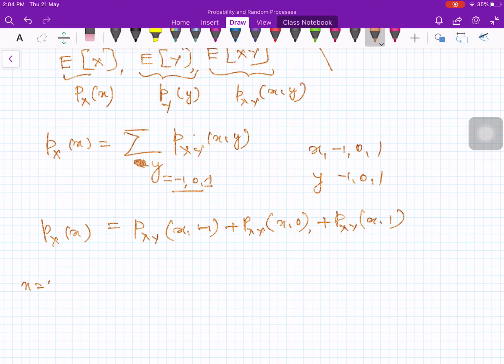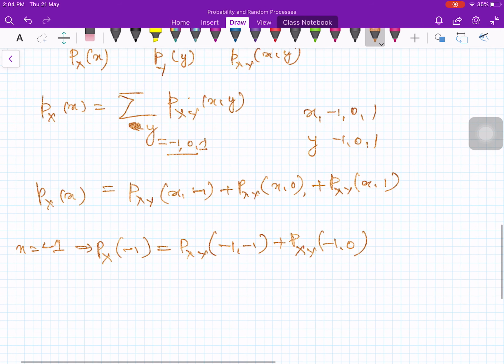Let me put x equal to -1. So pX(-1) equals pXY(-1, -1) plus pXY(-1, 0) plus pXY(-1, 1). Now -1, 1, this is 0. We don't have any points like that.